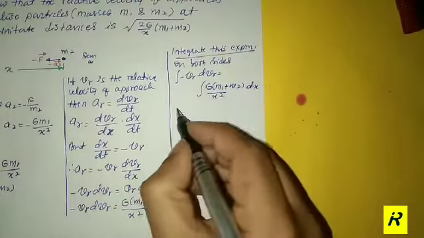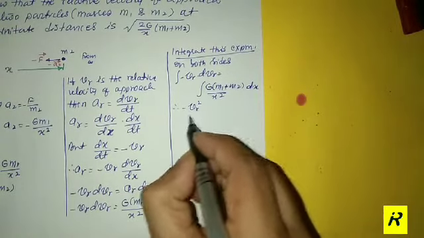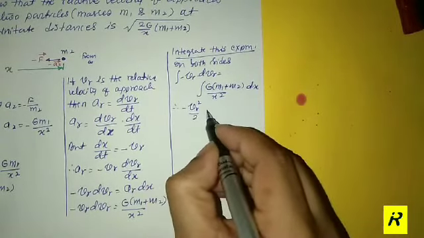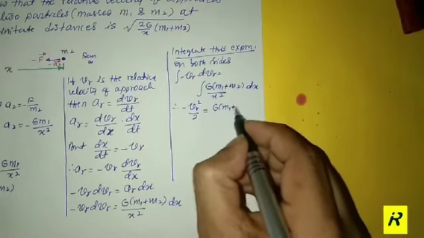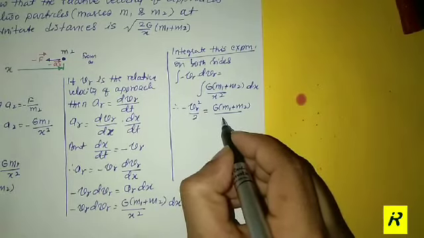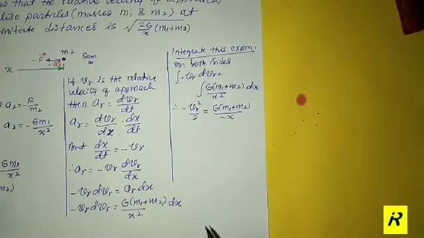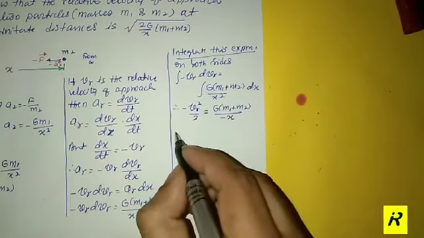The result of integration is minus Vr square divided by 2, equal to G (m1 plus m2) divided by minus x. Now the negative sign on both sides gets cancelled.